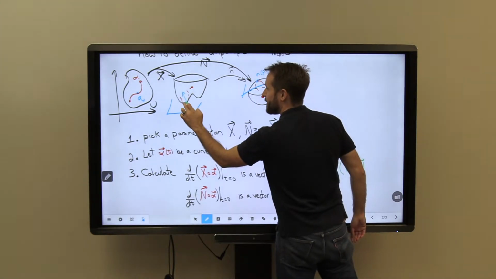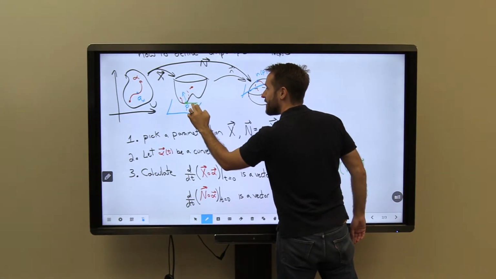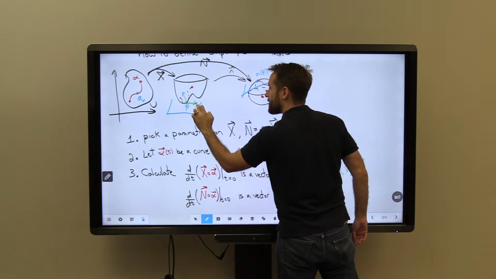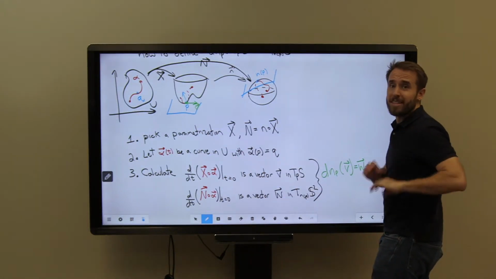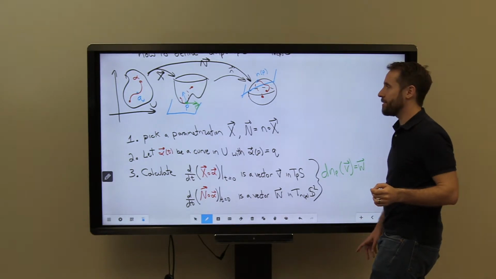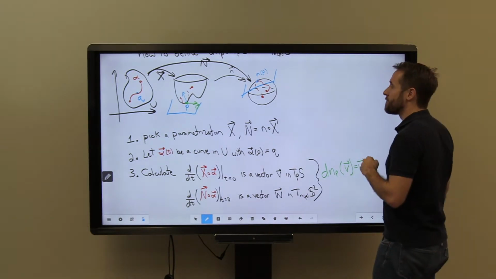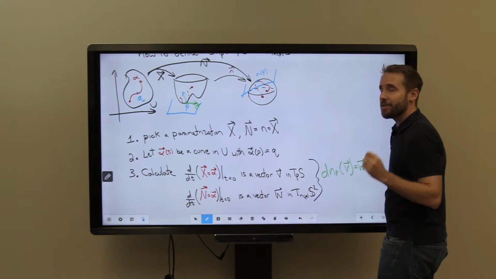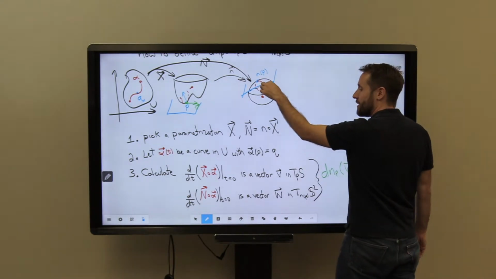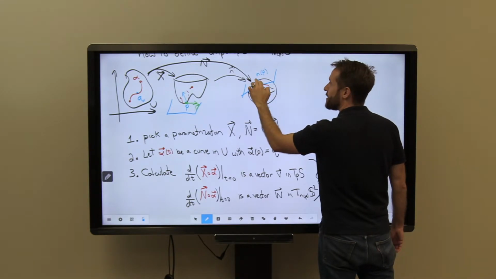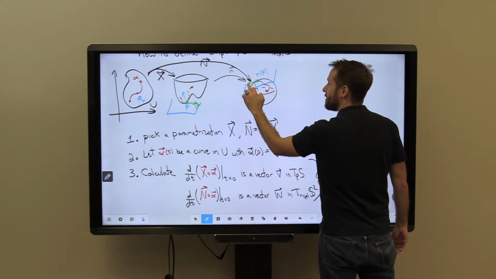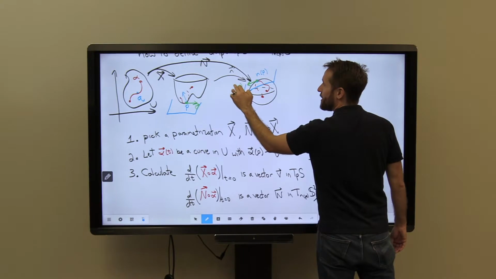My tangent vector v is maybe this vector right here, and that's my vector v. So I calculate my tangent vector v, not necessarily a unit tangent vector, right, but tangent vector v. I can similarly calculate a tangent vector w in this picture. So I calculate the derivative of n of alpha at time 0, and I get my vector w up here.